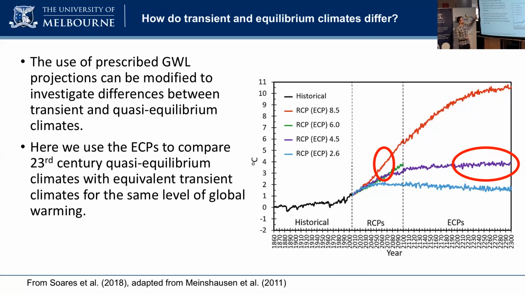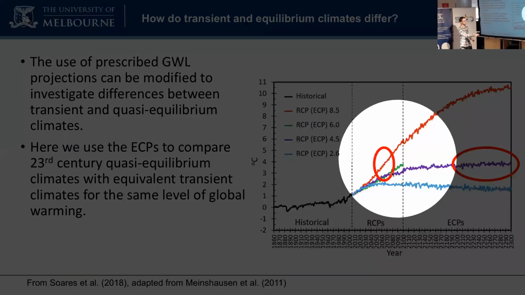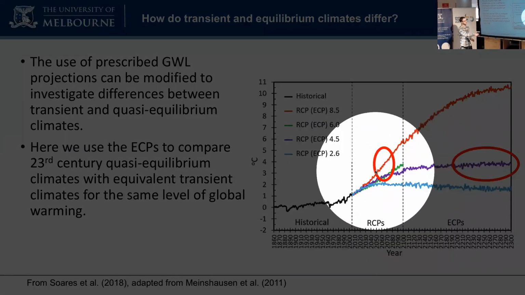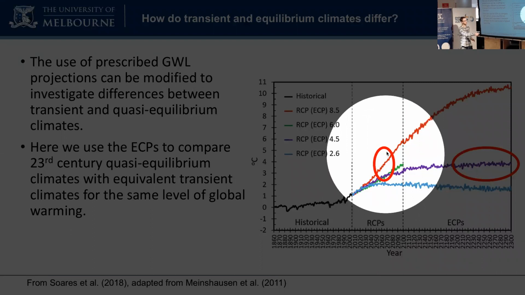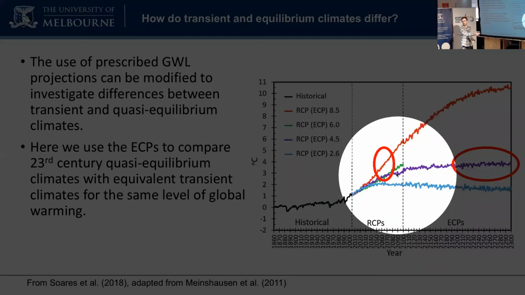So what I'm going to try and demonstrate here is that using this type of method, we can try and quantify the differences between transient and near equilibrium climates. They're not in full equilibrium, it's worth pointing out, but they're close to equilibrium. I'm using here the projections that you're used to over the 21st century, the RCPs. This is very much transient warming, where the global temperature is rising quite quickly.